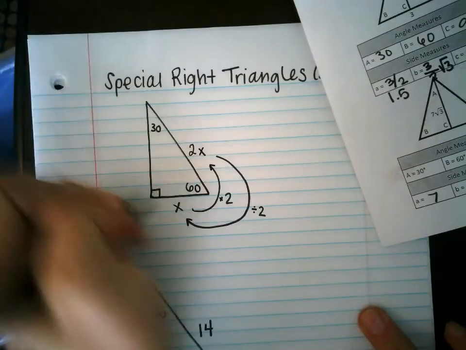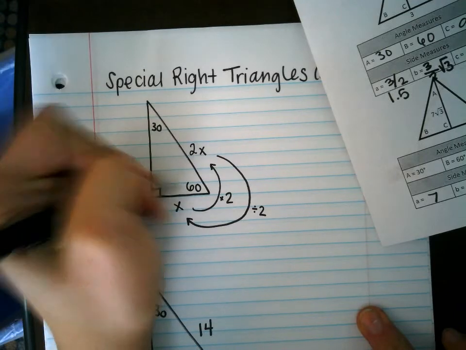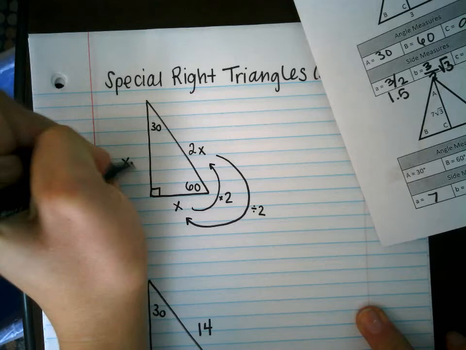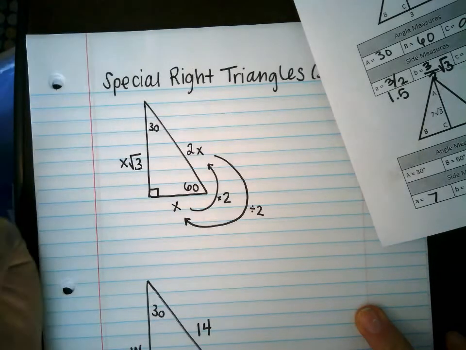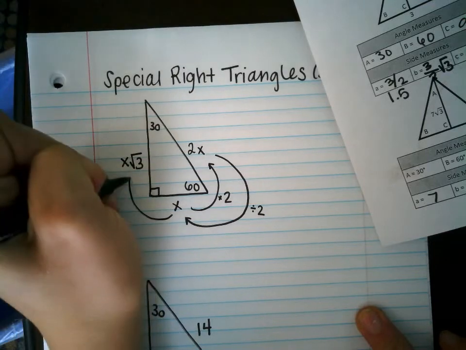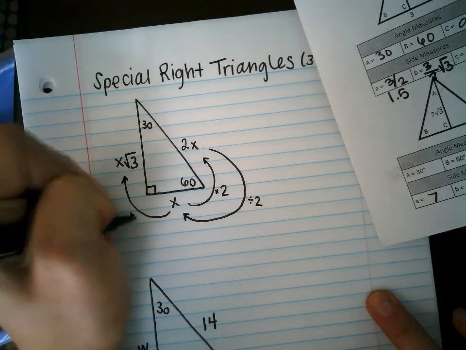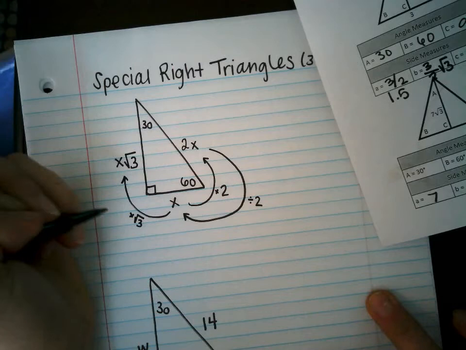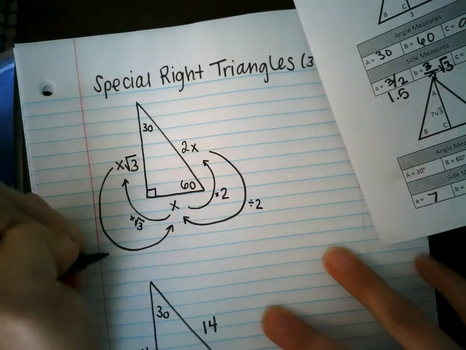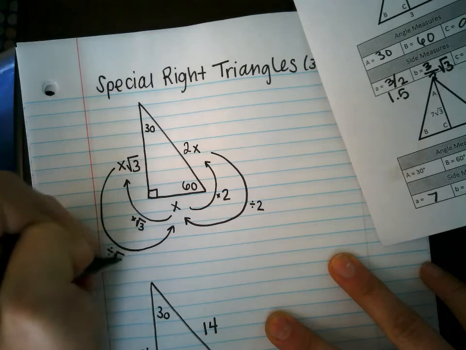So the back side right here, B across from the 60-degree angle, is always X, the shortest side, times radical 3. So if I wanted to go from the short side to this side, I would multiply by radical 3. If I wanted to go in the opposite direction, I would just do the opposite operation and divide by radical 3.